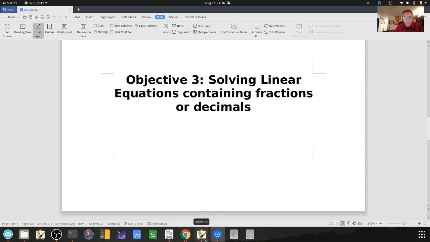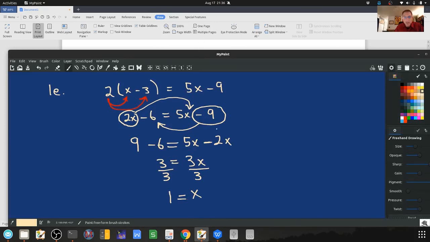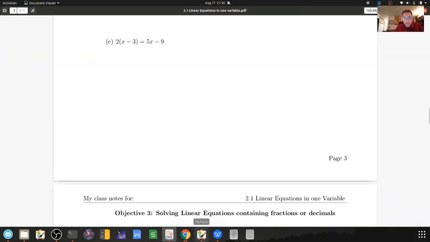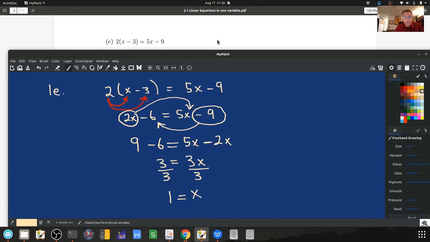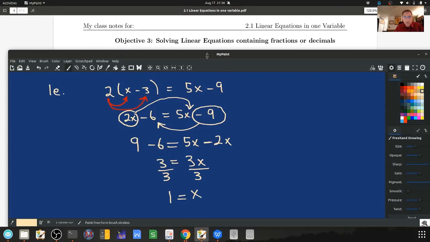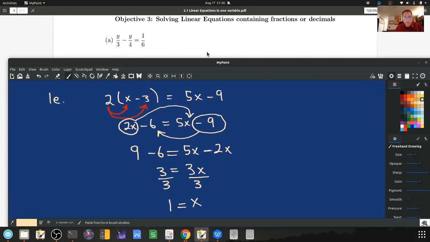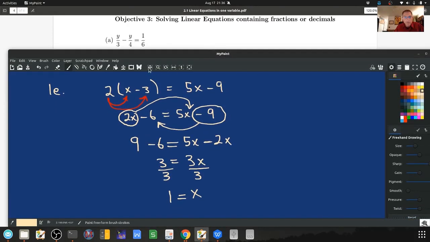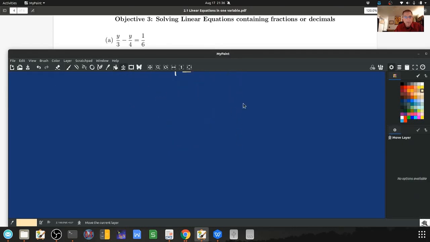So here's the trick. When you see problems containing fractions or decimals, it's really not that bad. And we'll have a lot of practice doing this. So let's do this particular problem.